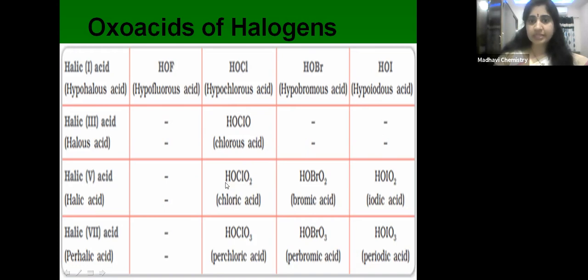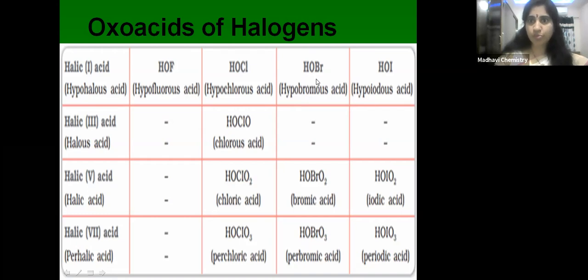Next chloric acid, HOClO2, and perchloric acid, HOClO3. Very easy to remember, children. Hypochlorous acid HOCl, chlorous acid HOClO, one oxygen extra, chloric acid HOClO2, one oxygen extra, and perchloric acid HOClO3. So chlorine can form all 4 types of oxoacids.